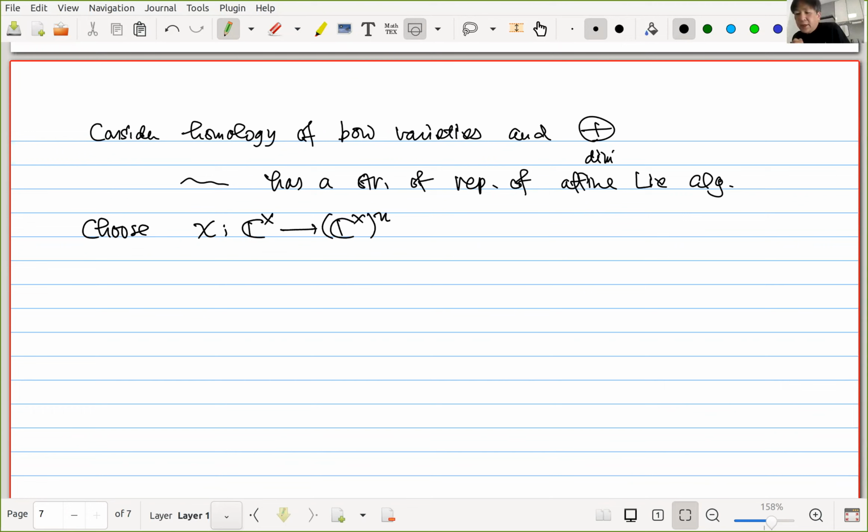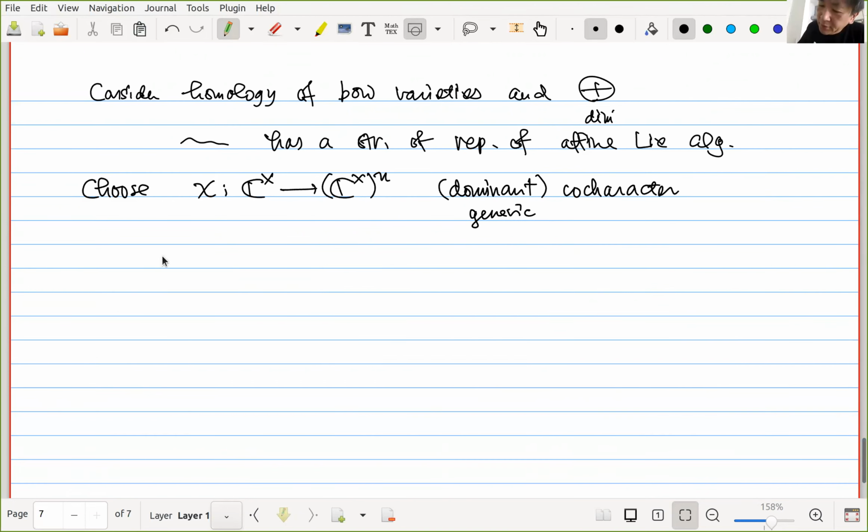I take chi, a dominant cocharacter. Dominant is some genericity condition, maybe I don't explain it properly. Then I consider the attracting set.